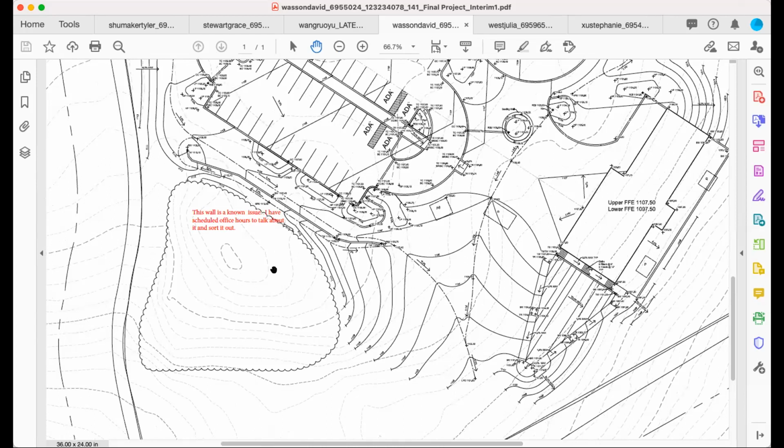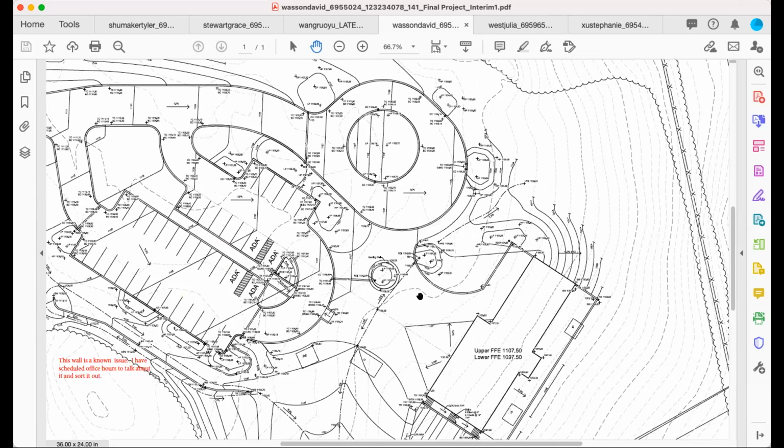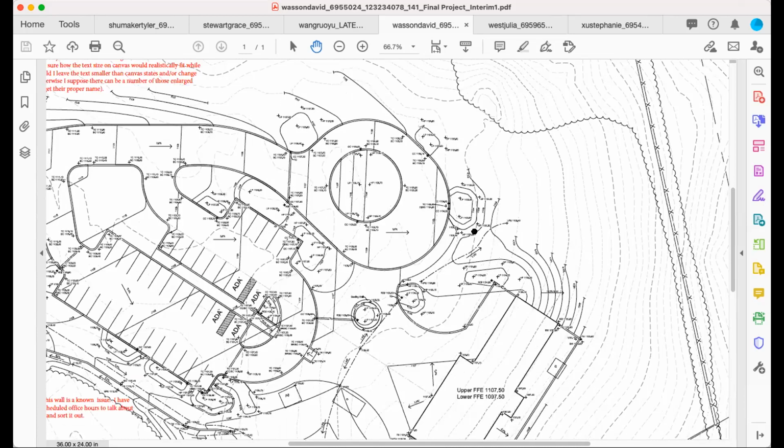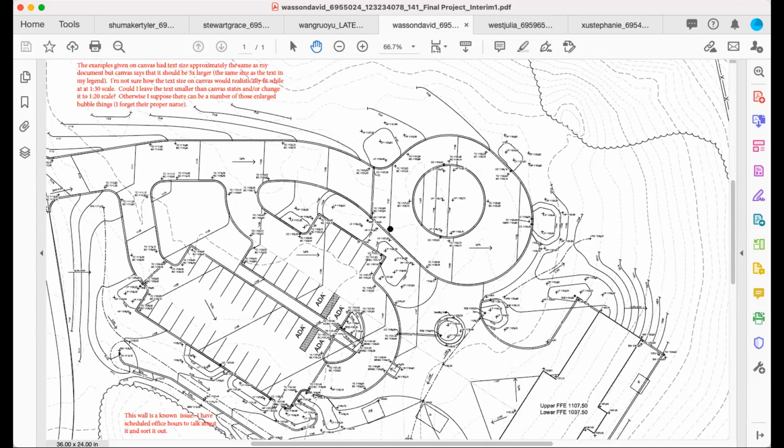This wall is a known issue. I have schedules. I fixed it with Stuart last night, sending email and PDFs back and forth. That's good to know. It's an interesting design. I wonder if you actually remove the wall or design around the wall.